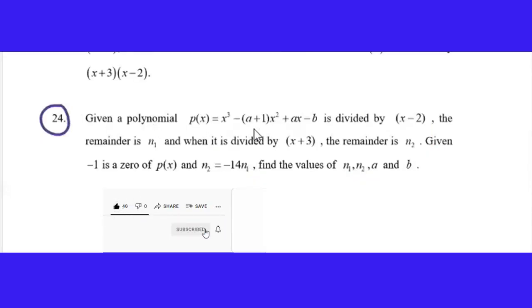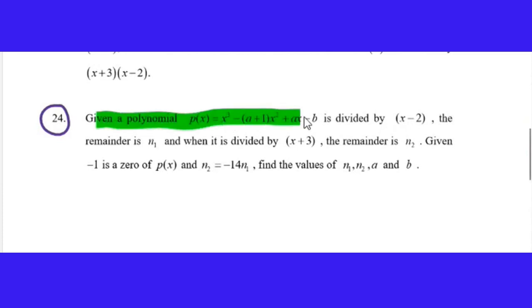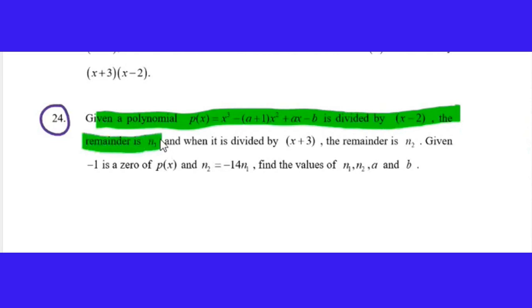Number 24. Given a polynomial with A and B unknown, X is the variable. This polynomial divided by x minus 2, the remainder is N1. Apa dia info ni? P of 2 is equal to N1.